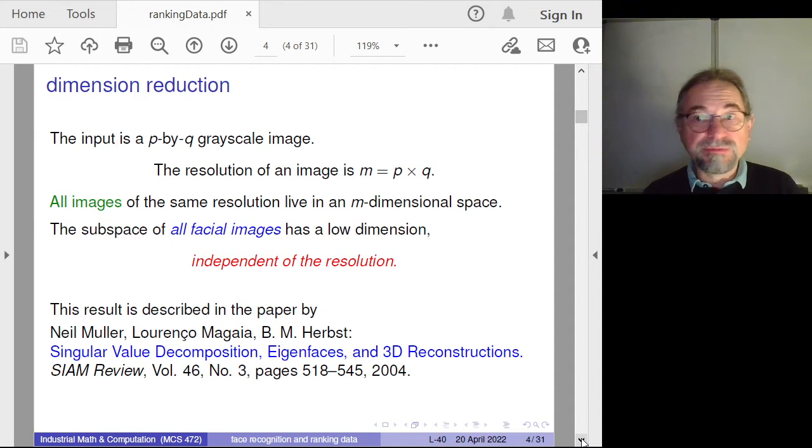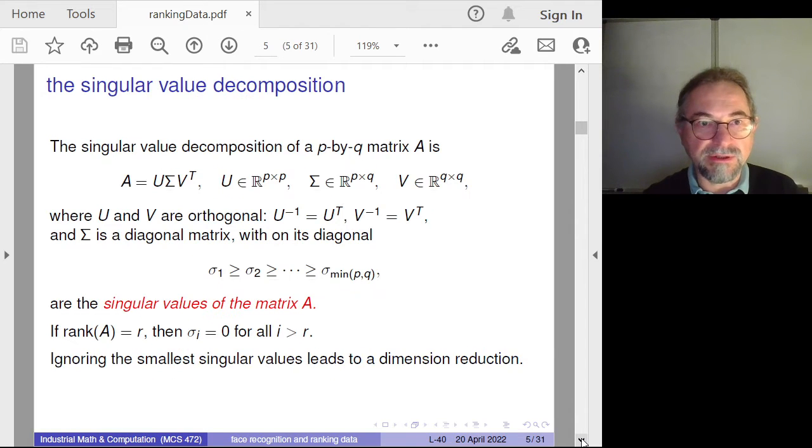So in this lecture we take a mathematical view. I take a paper from the SIAM Review, SIAM for the Society for Industrial and Applied Mathematics, and the title hints at the singular value decomposition. There are other approaches. We've covered neural networks, and the other approaches I will list later.